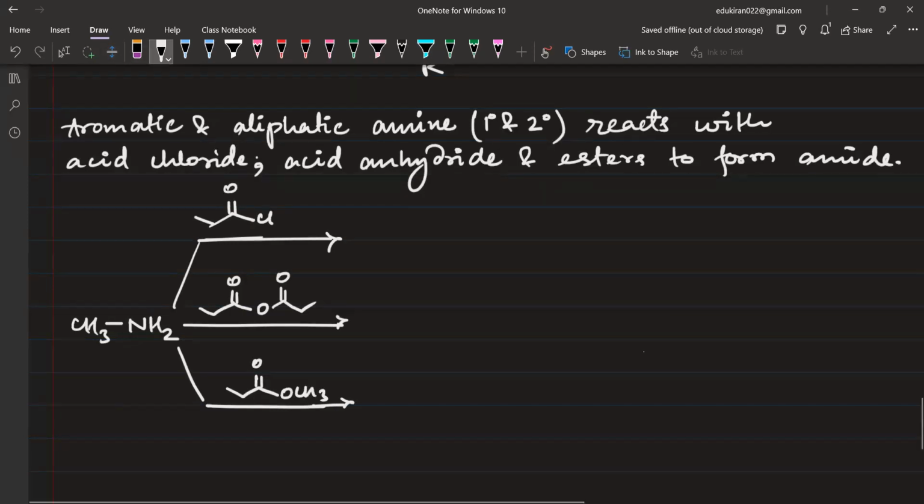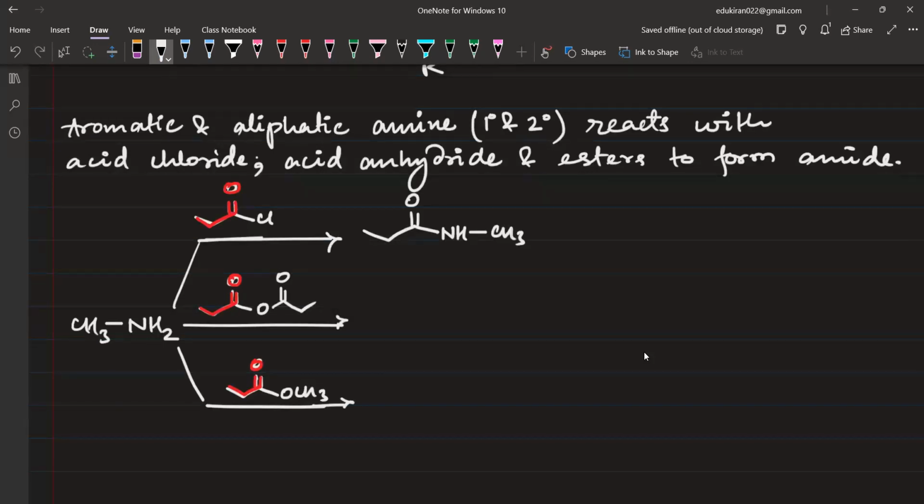Okay, so this portion, C double bond O, attaches on the nitrogen atom and one hydrogen leaves. So what you will get is this thing as it is, C double bond O, then attached with nitrogen with 1 hydrogen and with CH3.